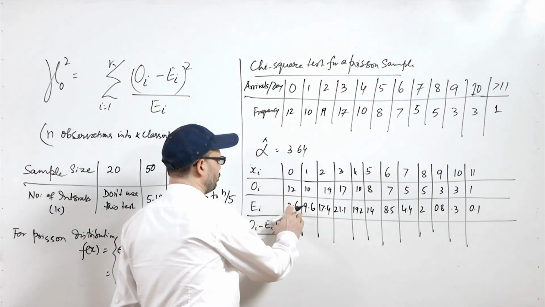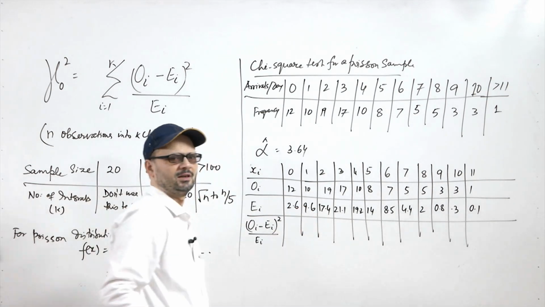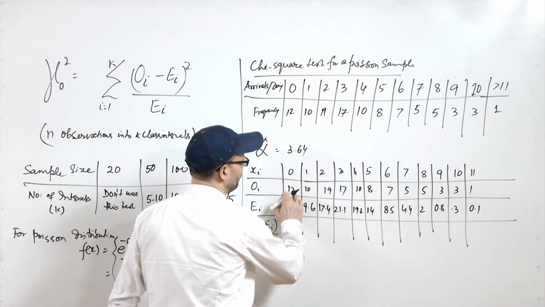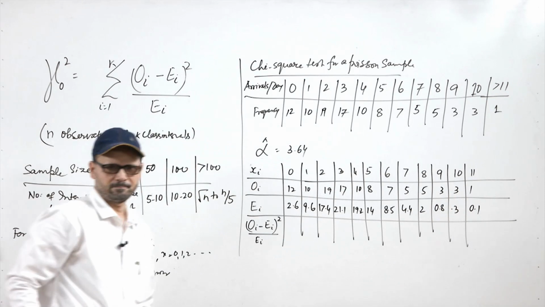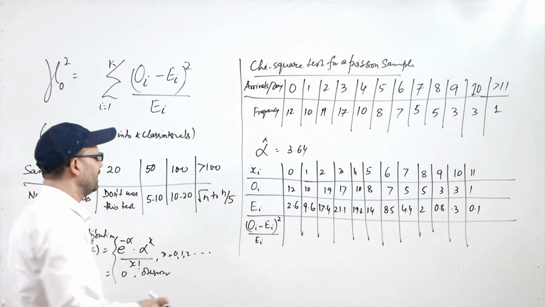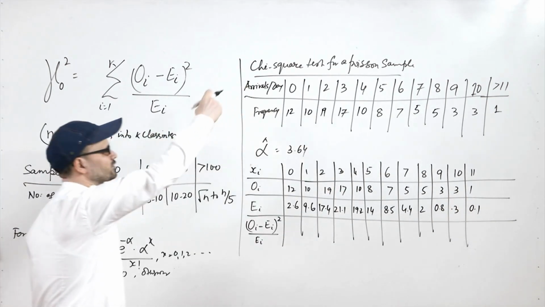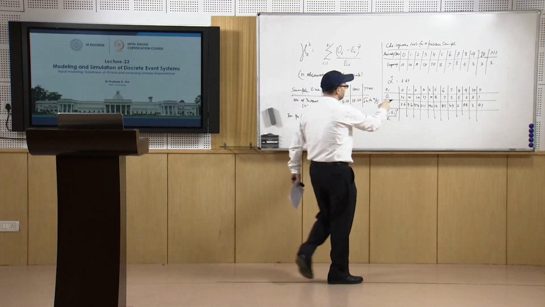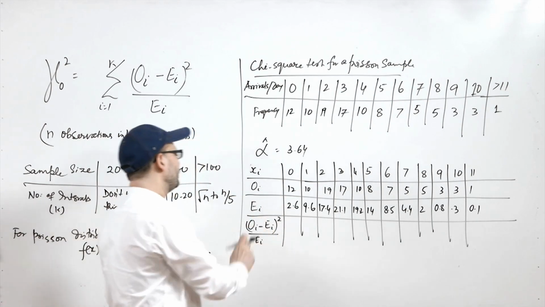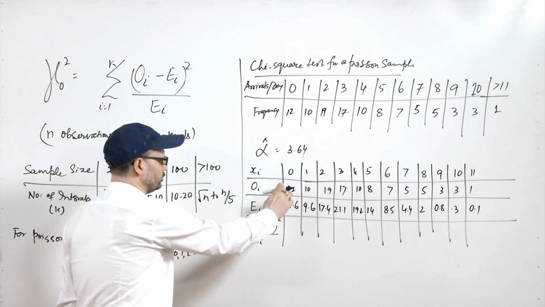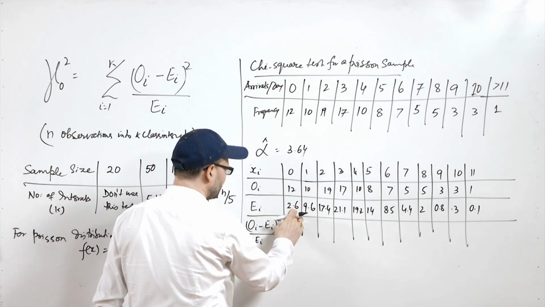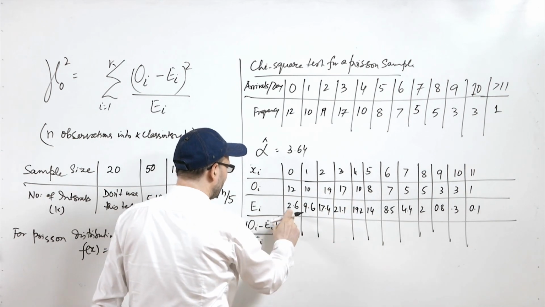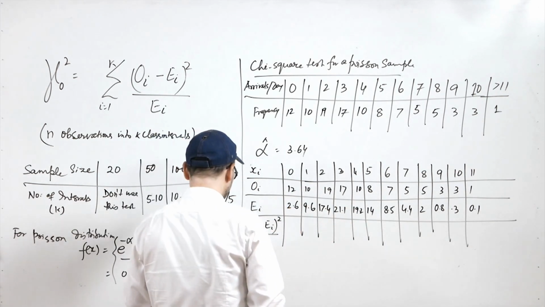So, out of 100, this is the observed frequency and this is the expected one, because the process is Poisson. Based on that you will calculate this parameter. So, this will be (12 minus 2.6) squared divided by 2.6.